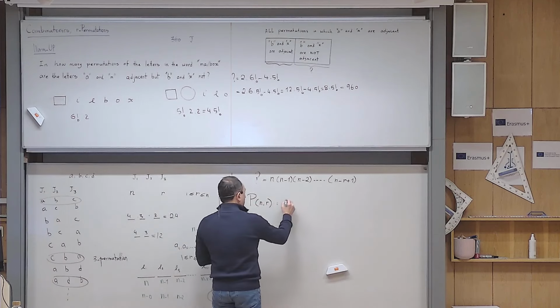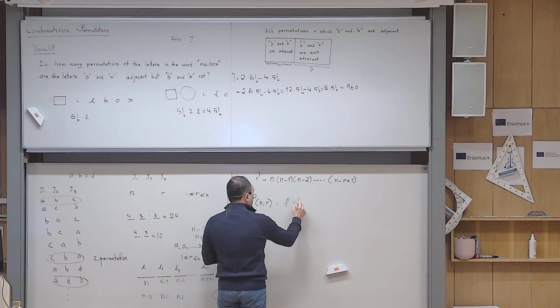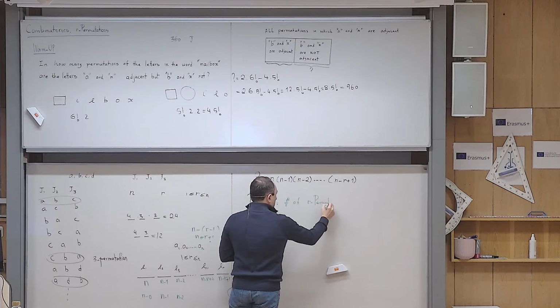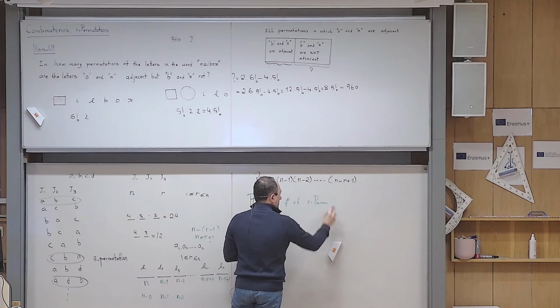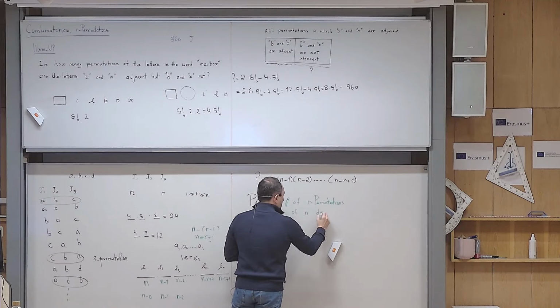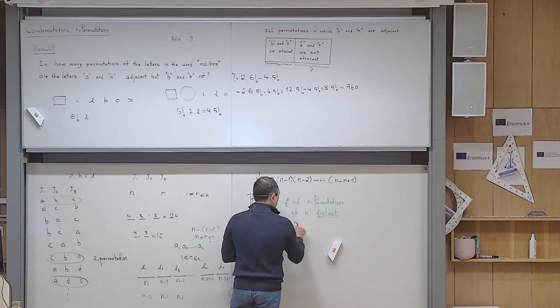So, number of r-permutations of n, let me emphasize, distinct objects.